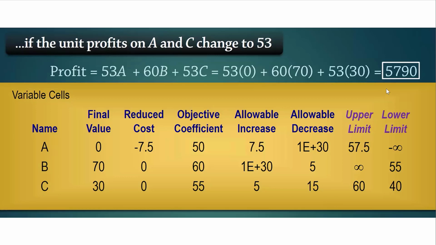So the optimal solution will be 5790. This remains inside the boundaries of the optimal solution. So changing the unit profits on A and C to 53 will not change the optimal solution.